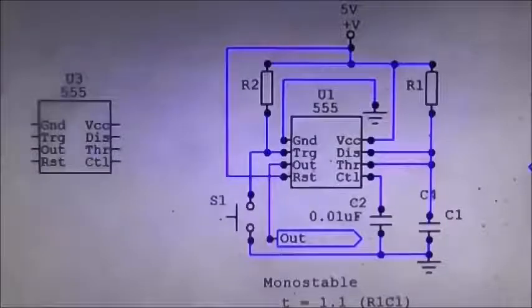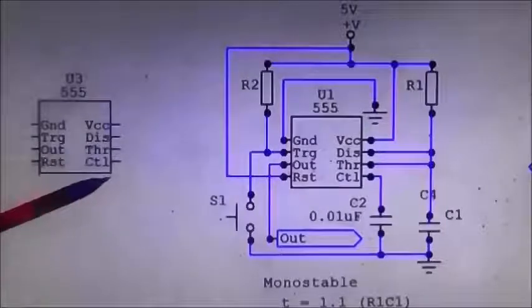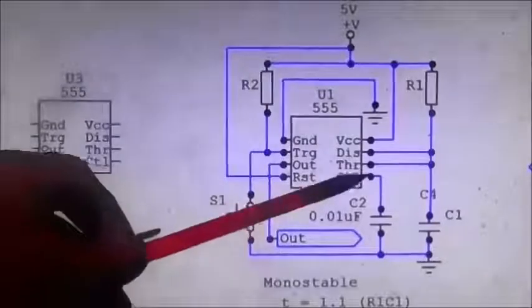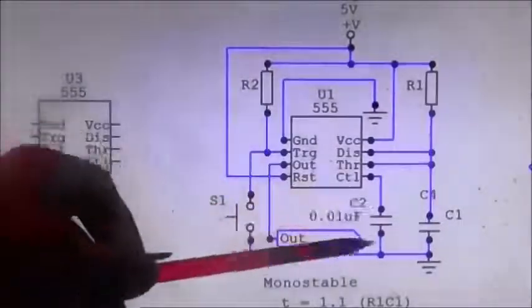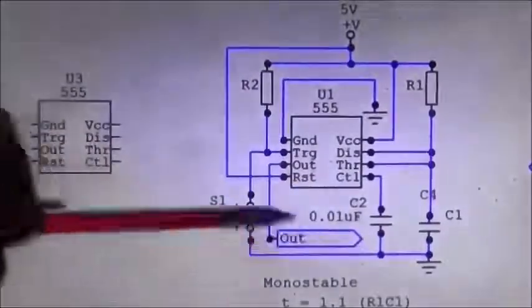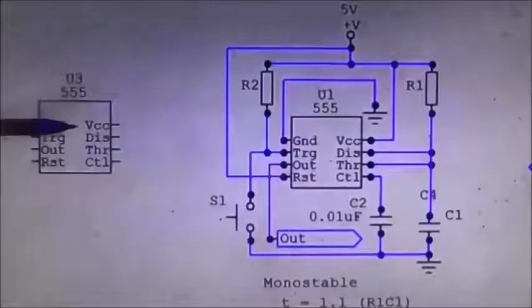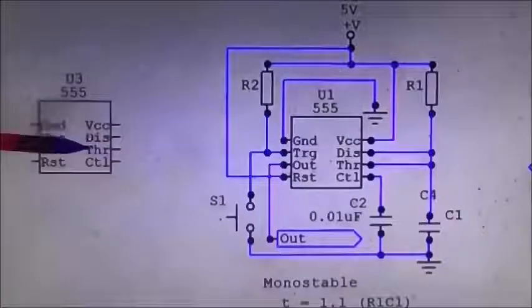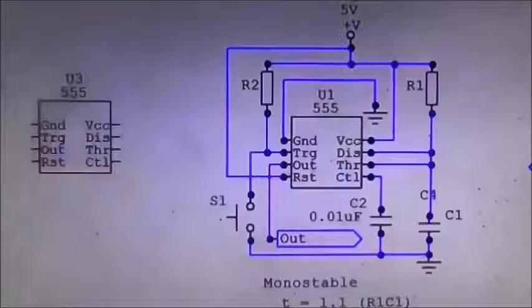Pin 5 is a control voltage, and again, we don't often use that, and here, as is recommended, we put it through a small capacitor to ground. Pin 6 here is the threshold voltage, and this is the actual input to comparator number 2.